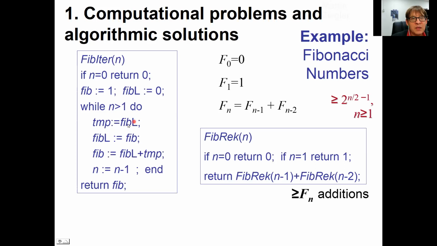FibL is short for the last Fibonacci number, and Fib is short for the current Fibonacci number. In the initial cases, when n is equal to 0, we are done. Otherwise, when n is at least equal to 1, this is the current f1, and this is the previous one, the last one, f0.